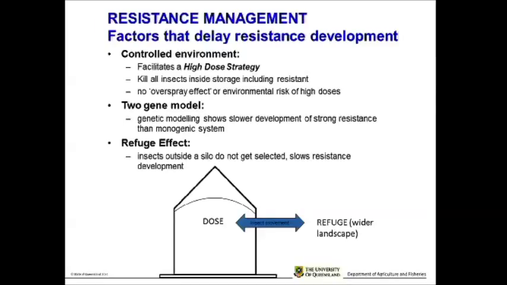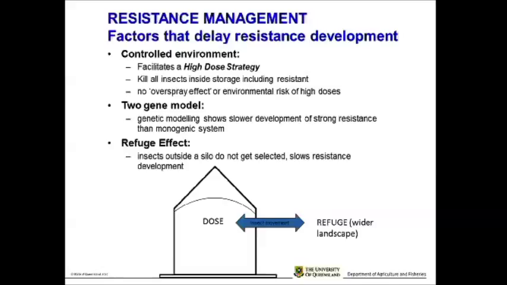But also the two-gene model, so the requirement for the two genes, as Michael has shown you, that modelling has shown has a really large effect on the fixation of resistance. Combined with that refuge effect, outside of the silo doesn't get dosed. There's no overspray effect.